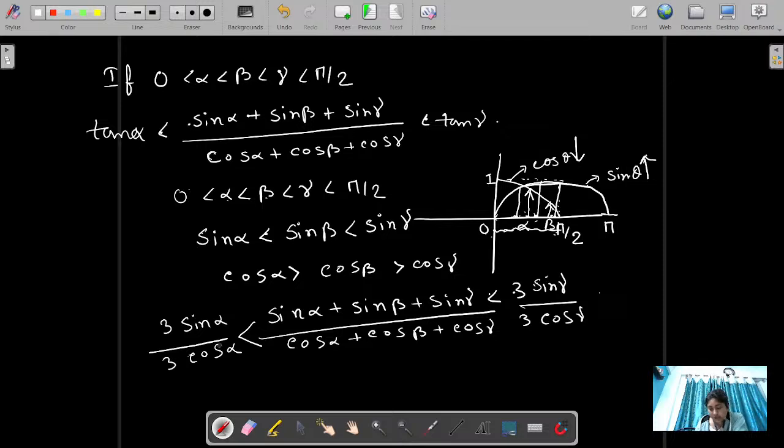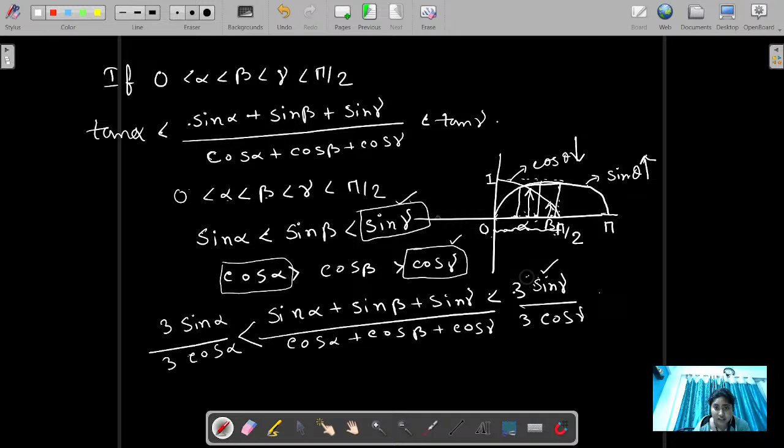Why is this greater than this? Because see, here the largest value is sine gamma, and cos gamma is the least value. So this is the greatest and this is the least. If I divide the greatest value by the least value, I will always get the greatest value.